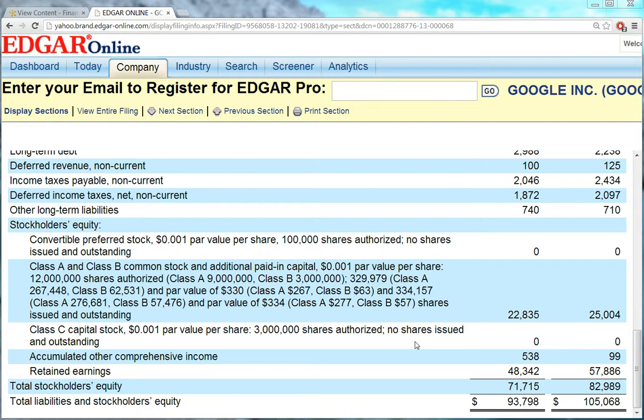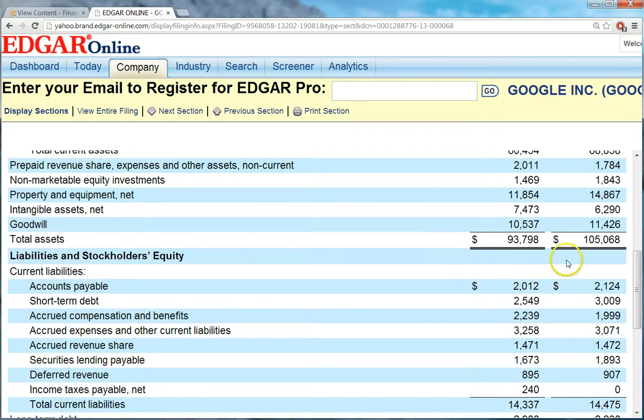How much or what proportion of our assets are financed through debt, and what proportion of our assets are financed through shareholders' equity. So let's take a look at the equity to asset ratio here for Google. Our total assets add up right now to the $105 billion.